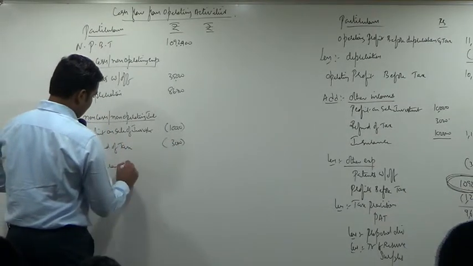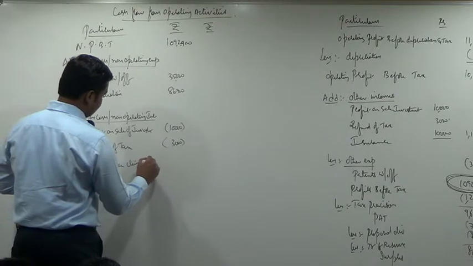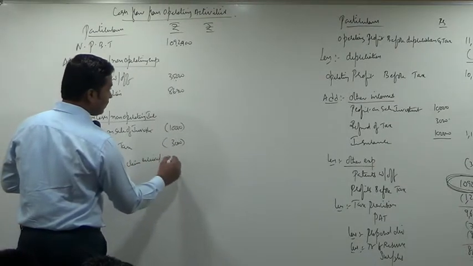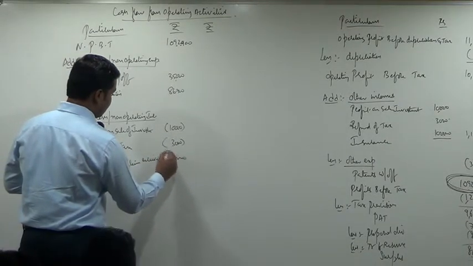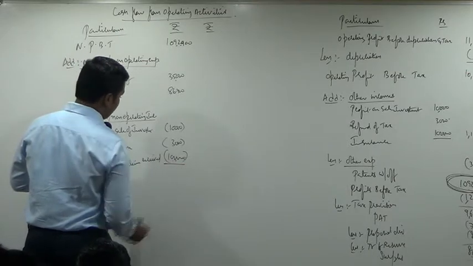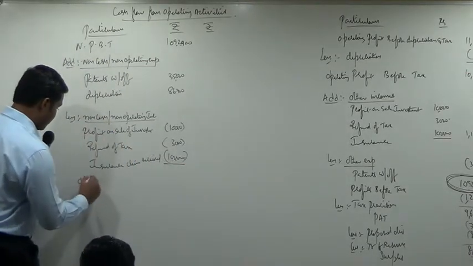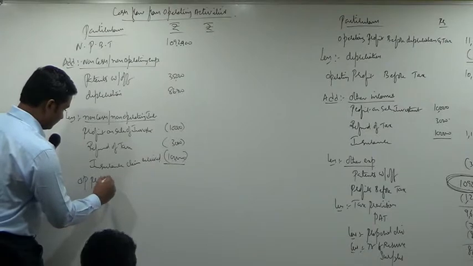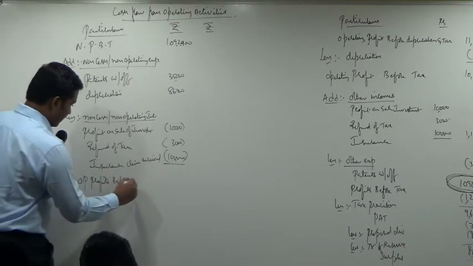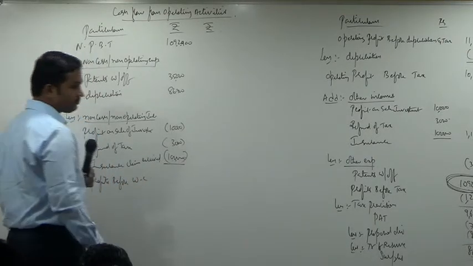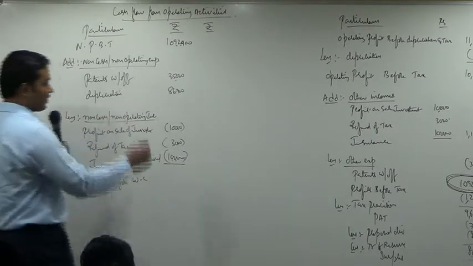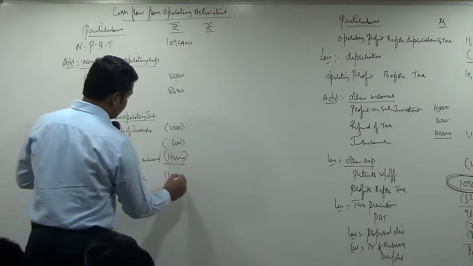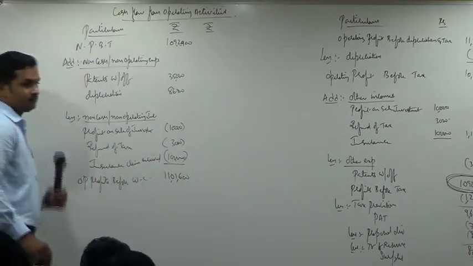Insurance claim received, 1 lakh. How much do you get now? Operating profits before working capital changes. You get 11 lakh 1,600.